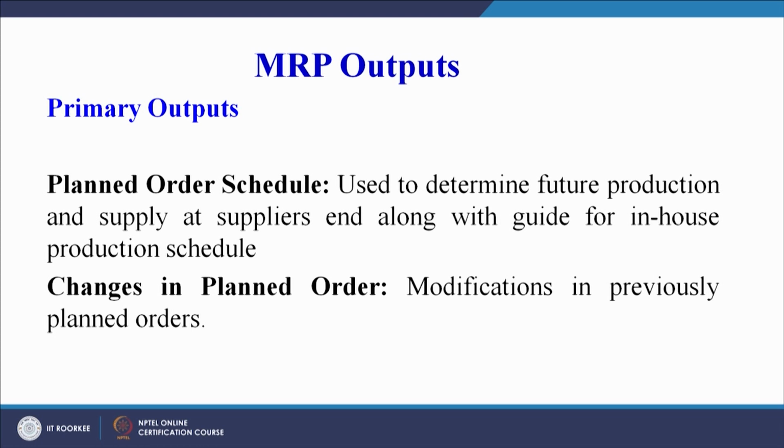So we will be able to tell the supplier what will be required over what duration of time, and when we are going to order. All of that will be available on our system as an output of the MRP system, and within our organization also we will be able to fine tune or decide on our production schedule.